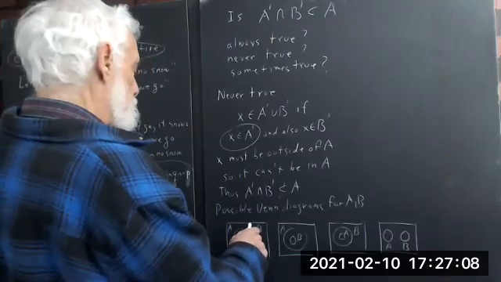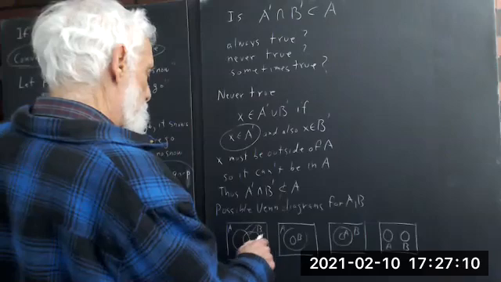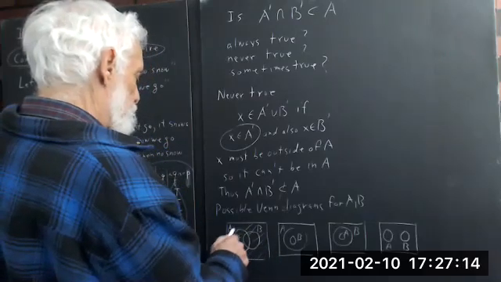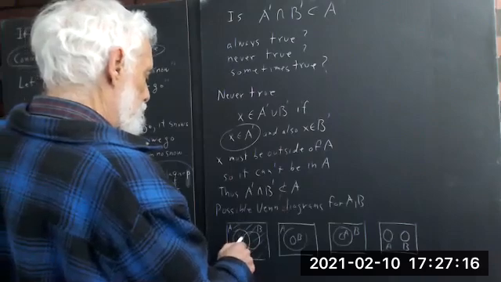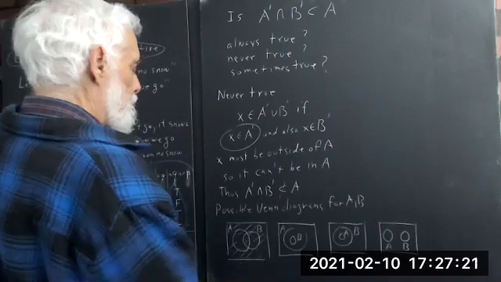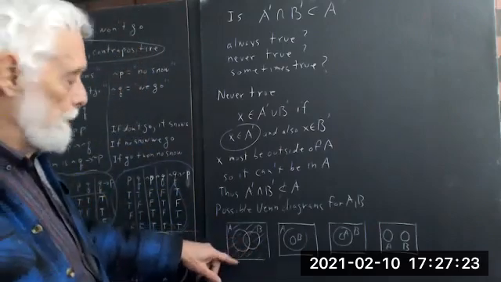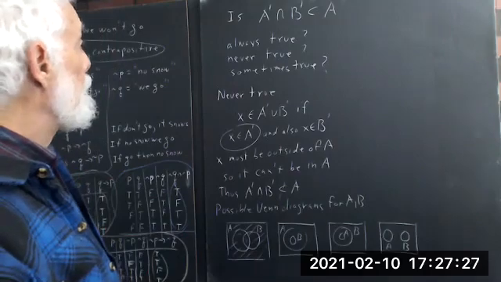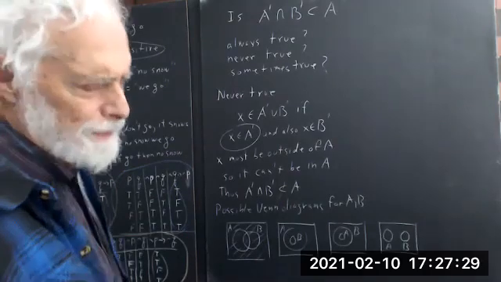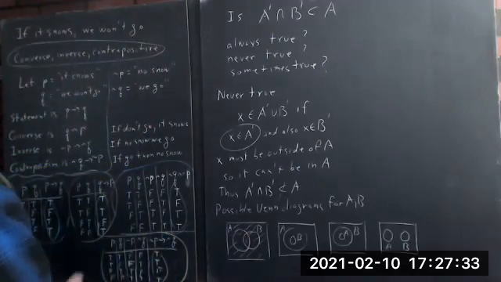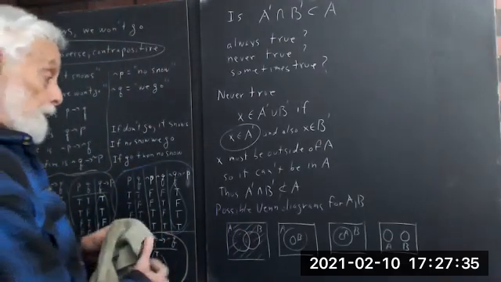A intersection B prime is everything outside of this set here. There's your A intersection B, there's your A intersection B prime. Or A prime intersection, sorry, what I did was A intersection B prime, but that's not what we're doing, is it?